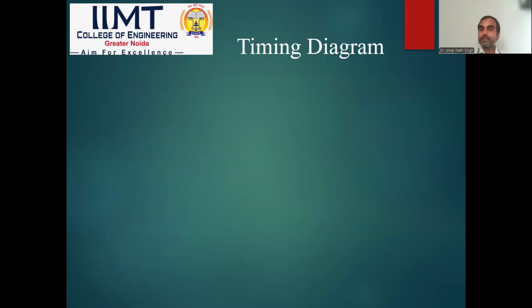Now, moving to the next, I'm going to discuss the timing diagram. The most important concern is how this timing diagram is accomplished. Whenever we talk about the timing diagram, the first thing that comes is the memory read operation.